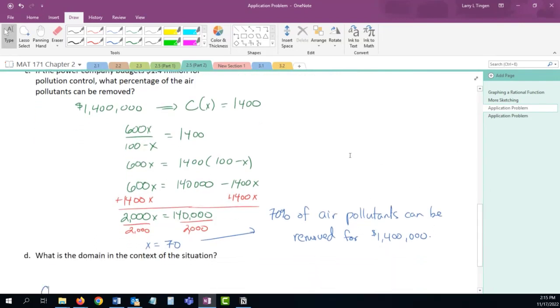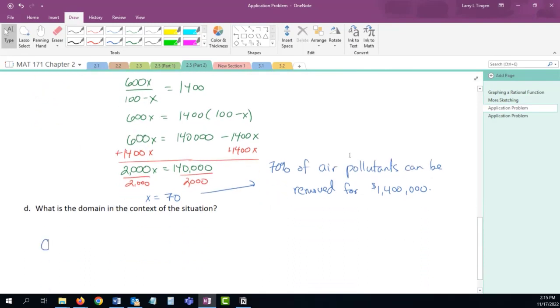All right. So I can get 70% out for that, and then the last question is, what's the domain for this problem? Yes, you should always make sure the math adds up. That is something to live by.